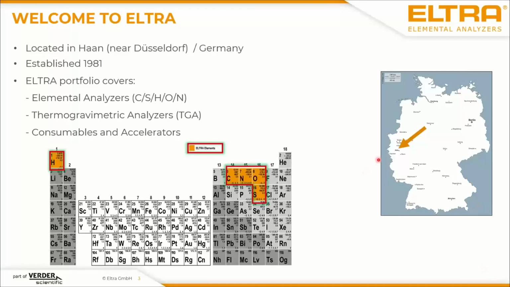We are located in Germany, in Haan, a small city between the cities of Düsseldorf and Cologne, since 40 years. And our portfolio is elemental analyzers mainly for carbon, sulfur, hydrogen, oxygen, and nitrogen, but also a TGA, a thermogravimetric analyzer, and of course, consumables and accelerators to be used with those analyzers.